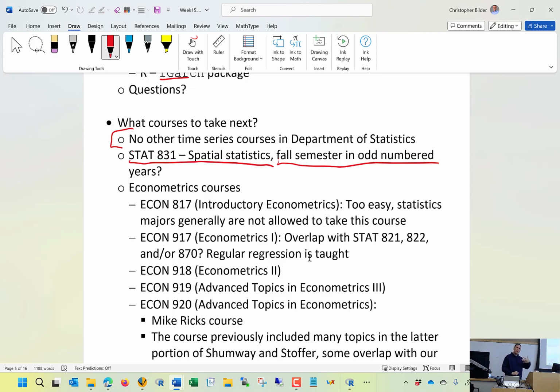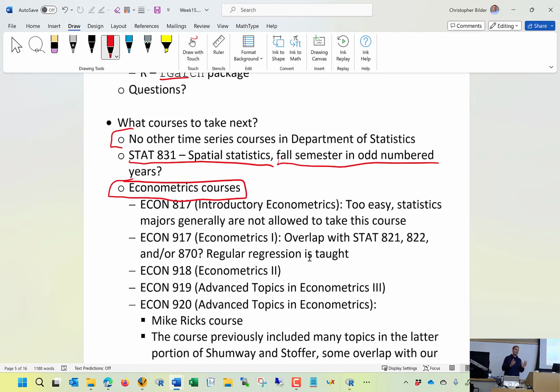But if you want to do more time series-like courses, economics and finance are the places where, and I'm not just talking about at this university, but in general, I most often see advances now in time series analysis.